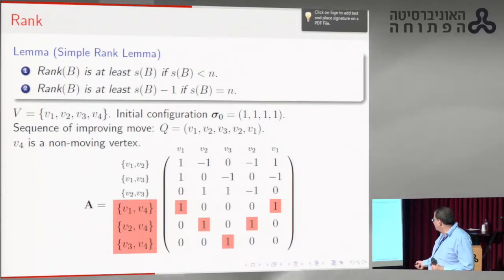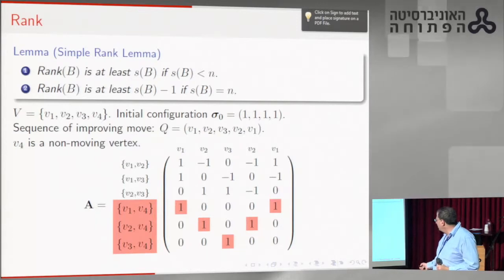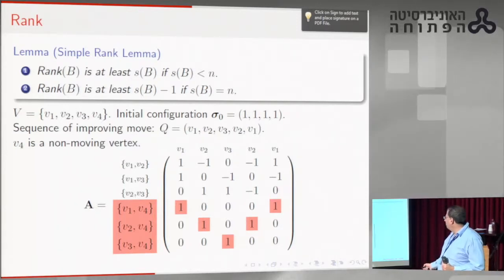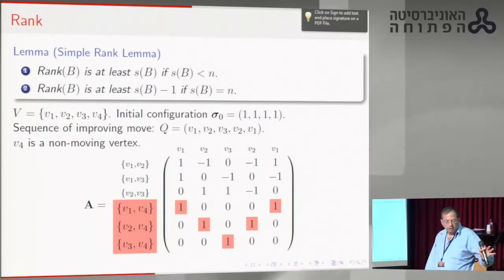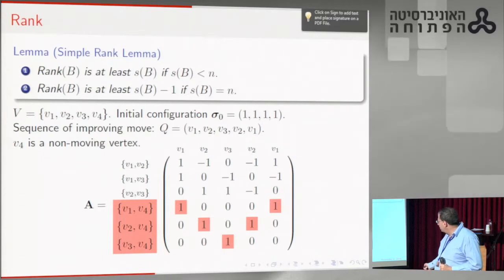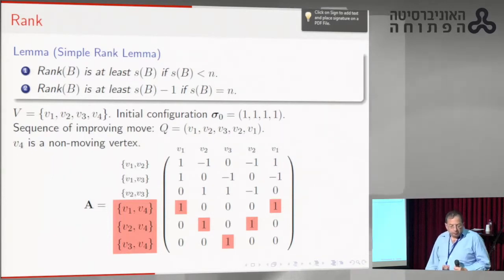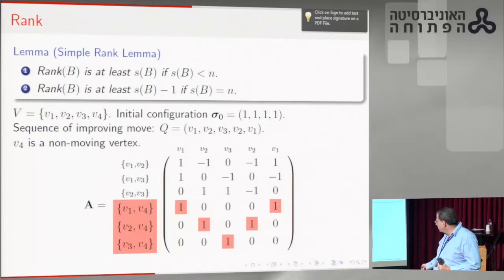You can see this clearly in this example. In this example, V4 is not moving. So we're just going to look at the moving vertices, and each time look at the coordinate corresponding to the moving vertex and V4. For each single vertex, that coordinate is appearing just once.